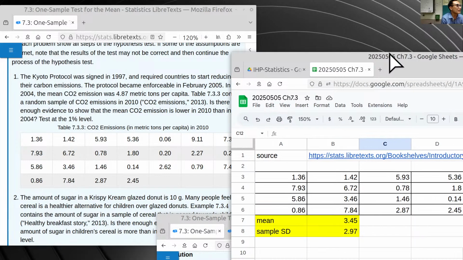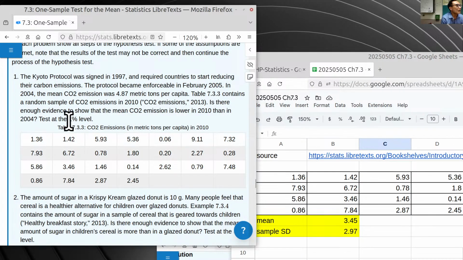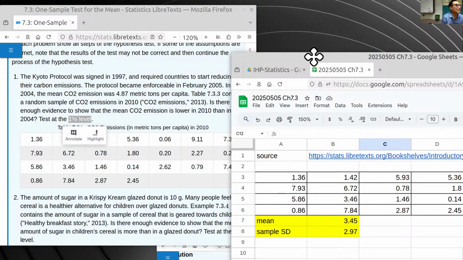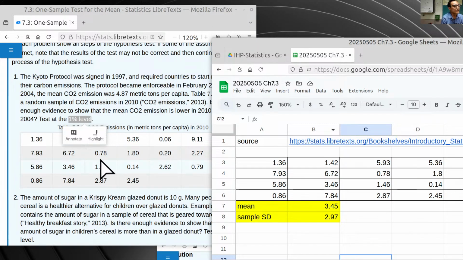And now the question is, test at the 0.01 level. Is it different from that one? Okay, next we can calculate the t-value.